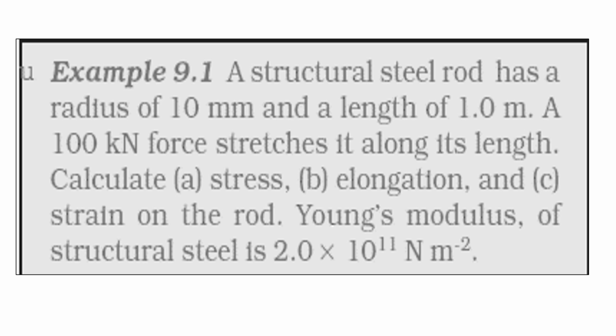A 100 kilonewton force stretches it along its length, and you have to find out stress, elongation, and strain on the rod. It's given that Young's modulus of structural steel is 2.0 into 10 raised to power 11 Newton per meter square.